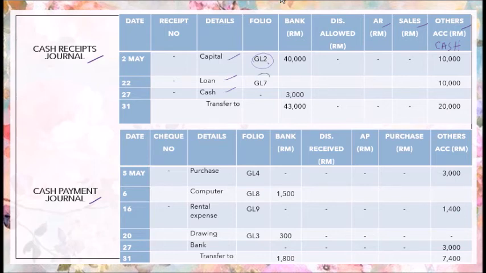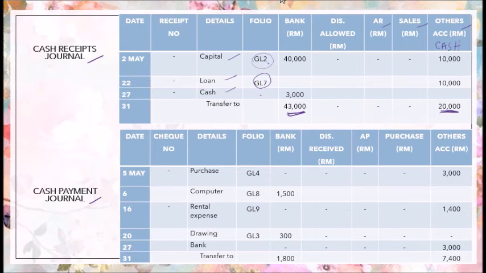Loan, kita akan buka general journal baru. And untuk cash, kita akan buka lah cash receipt journal nanti. So, untuk bank, total dia nanti, kita akan terus transfer 43,000. Dan untuk cash, kita terus transfer 20,000.